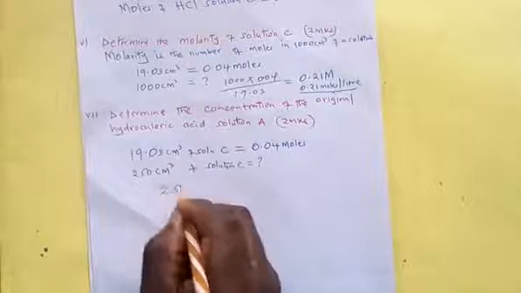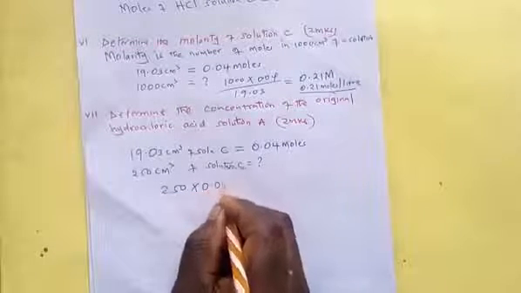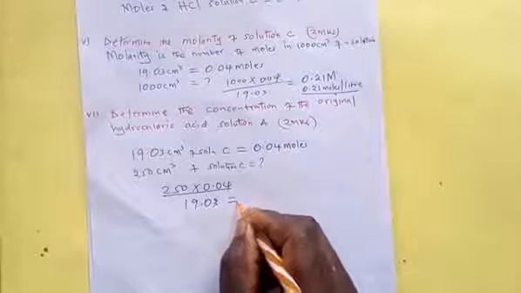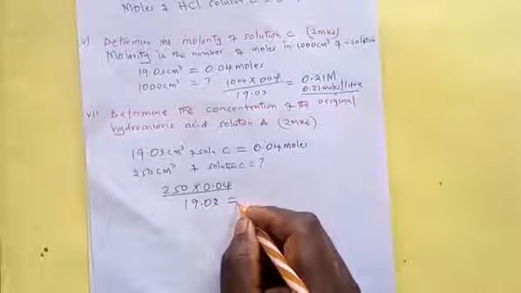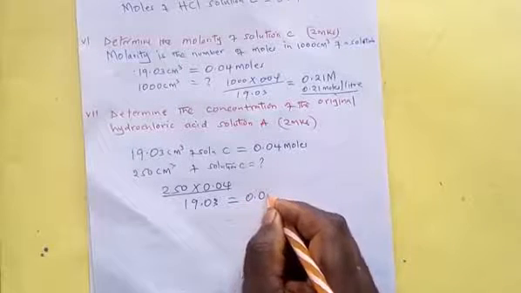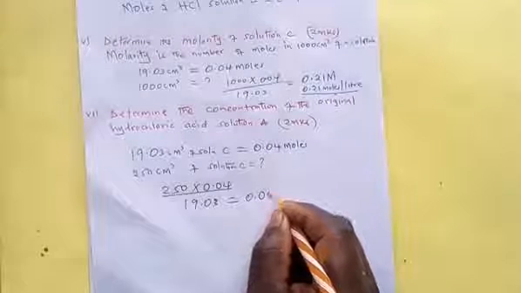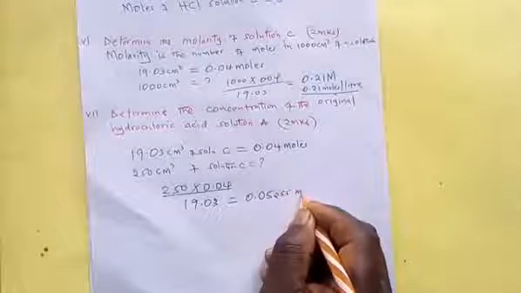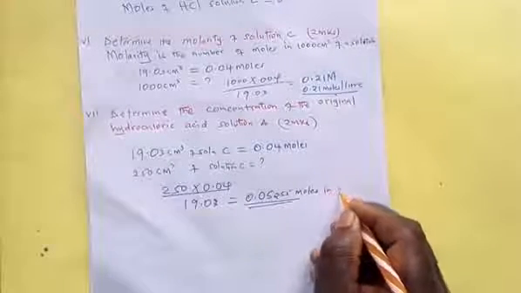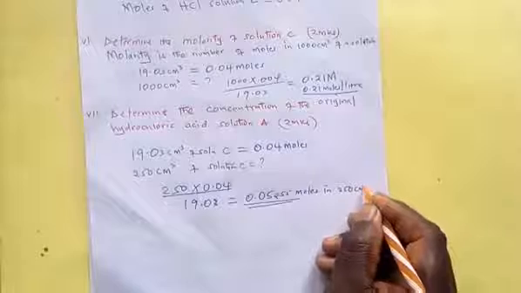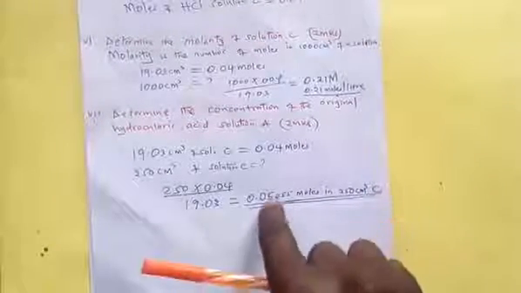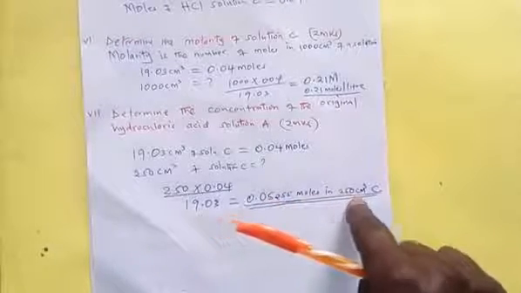So 250 times 0.04 divided by 19.03 will give me 0.05255 moles. So this is the number of moles in 250 centimeters cube solution C.